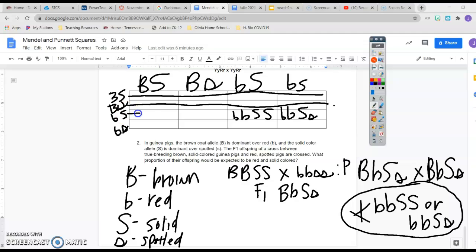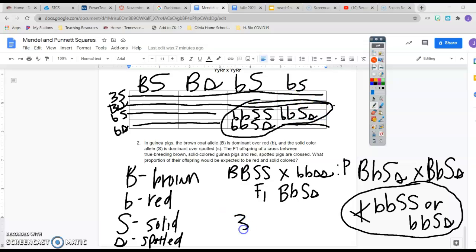And I can't get any big B's here, but I can here, little b, big S, little s. I can get 2 little b's here, but it's also going to give me 2 little s's, so that's not what I need. So I'm going to end up having these 3 as my answer.